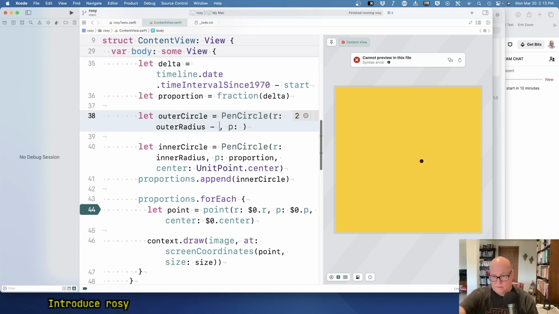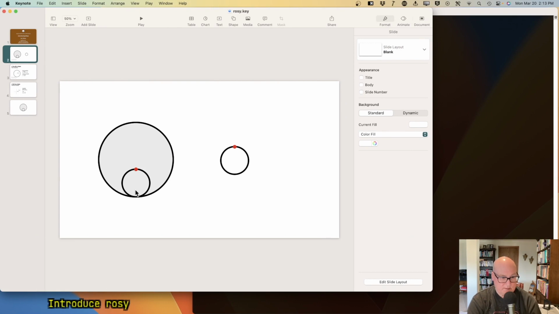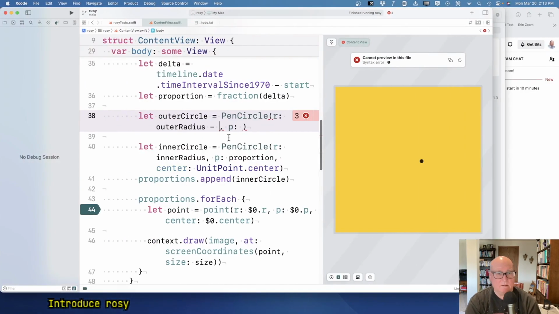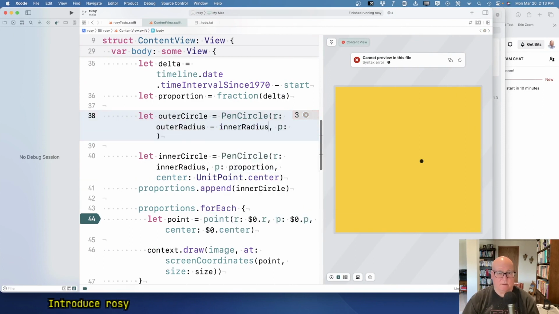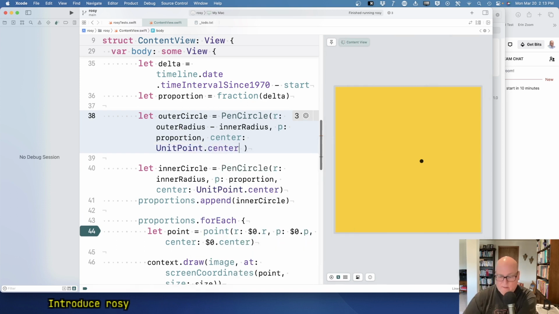I think we already, let's see. So there, outer radius. Yeah. So it's trying to get to the center. So this radius, so the big radius center minus that should give us that. Okay, minus inner radius. The proportion is still proportion. And then the center is unit point dot center. Okay. That's the traversal circle we care about.